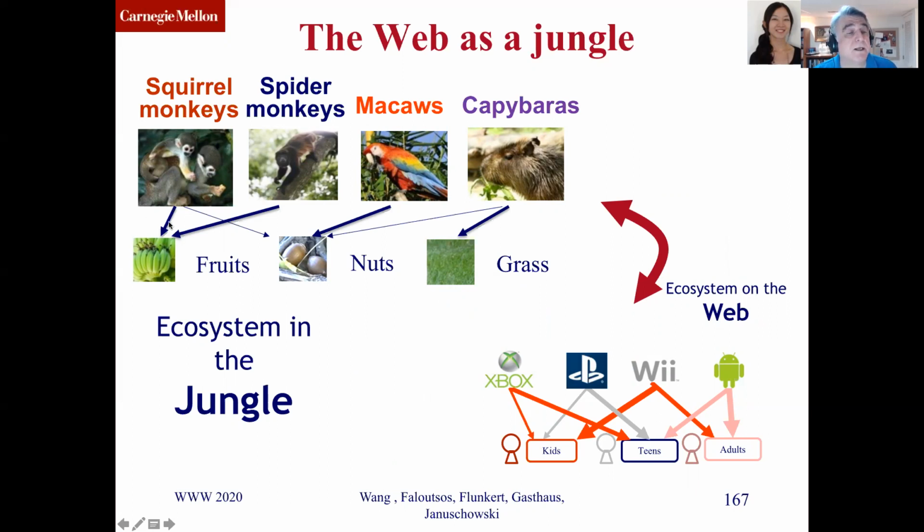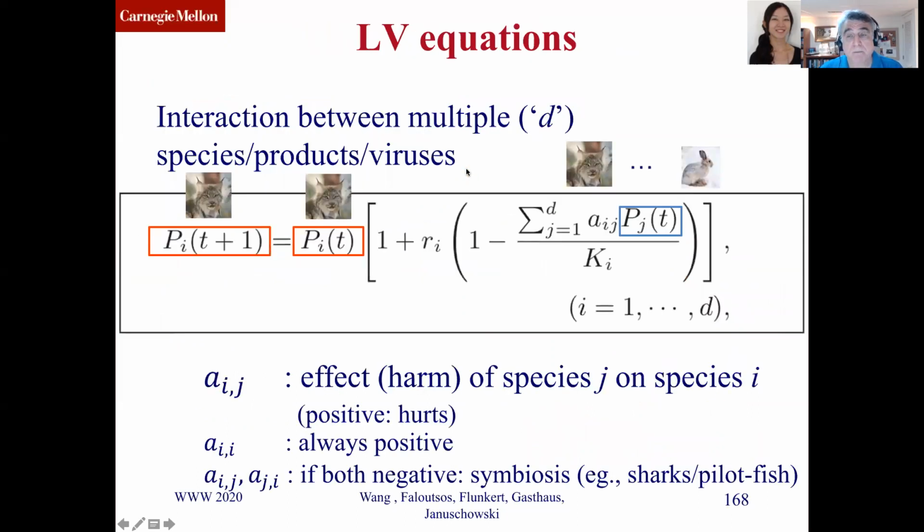So squirrel monkeys need fruits to a high degree, and they can also survive on nuts, but not as their first preference. The macaws survive explicitly on nuts, and we want to figure out how the population of these species will evolve. So that's exactly the problem formulation.